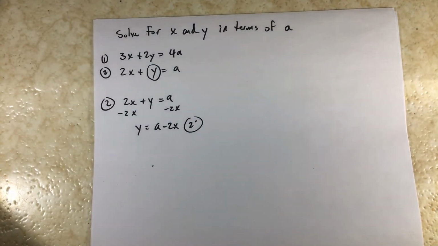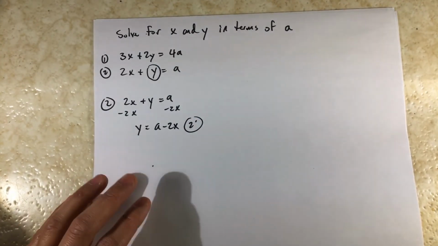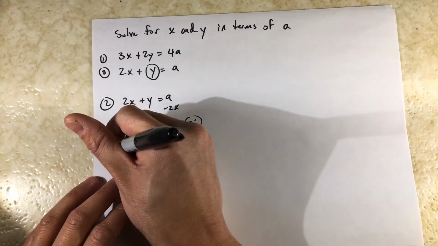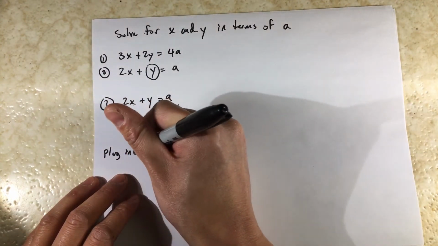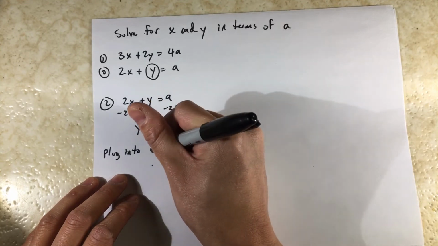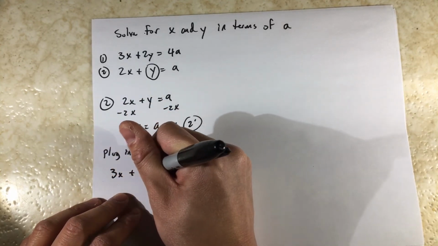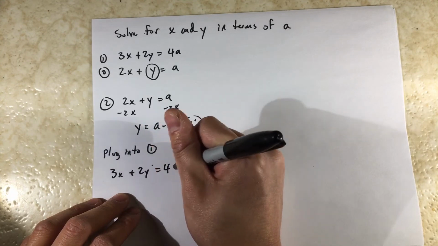All right, and you want to treat a like a number, basically. So it's just a number, and if you get an answer in terms of a, that's as good as it being some value. So we're going to plug into equation 1. Equation 1 is 3x plus 2y equals 4a.